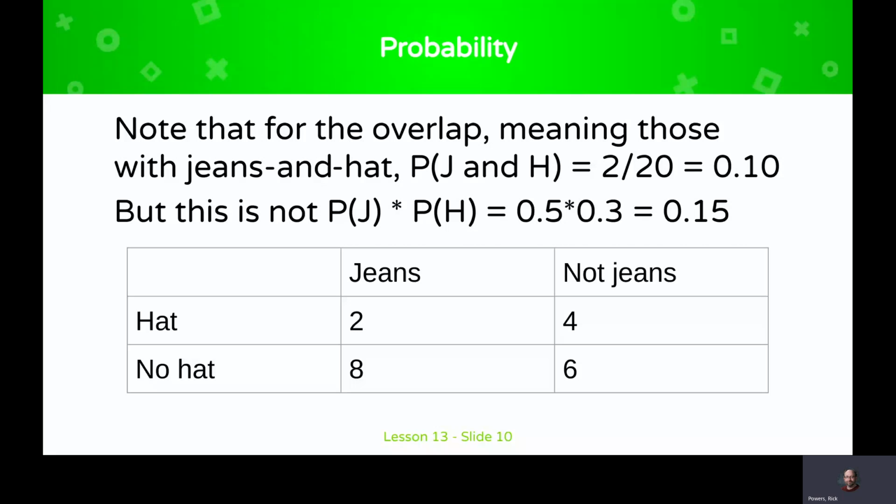Note that for the overlap, meaning those with jeans and hat, the probability of wearing jeans and wearing a hat is 2 out of 20, which is 0.10. But this is not the probability of jeans multiplied by the probability of hats. That's equal to 0.5 times 0.3, which is 0.15.